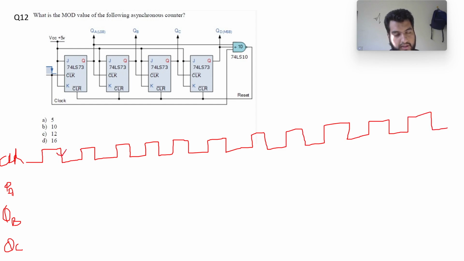I am marking the falling edges, that is the negative edges, because it's shown that it is a negative edge triggered flip-flop.